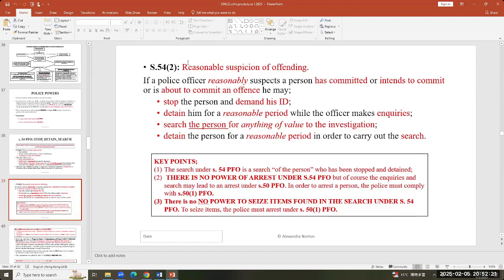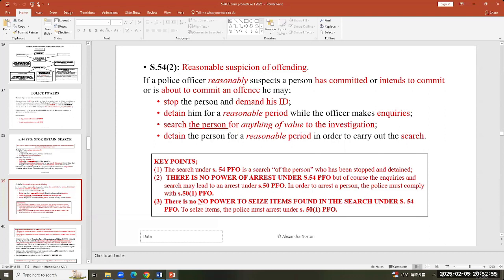Subsection 2 says that if a police officer reasonably suspects that a person has committed, intends to commit, or is about to commit an offense, they can stop, ask for ID, detain them for questioning, search the person for anything of value to the investigation, and detain them for a reasonable period to carry out the search. So the search is of the person under section 54. It's not a search of the surrounding premises in which the person is stopped.